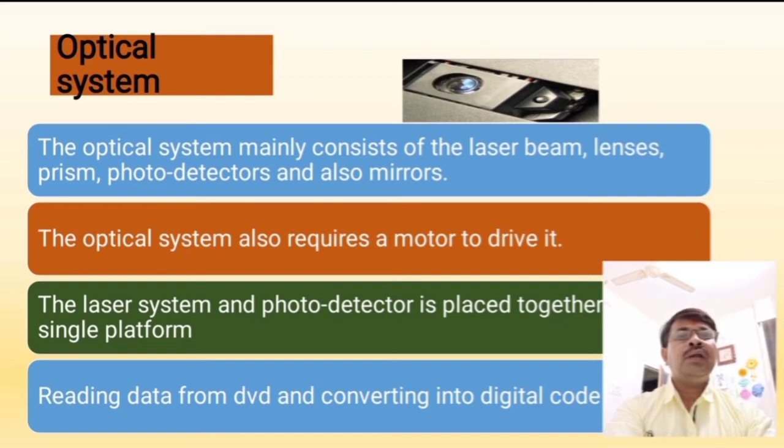The optical system also requires a motor to drive it. The laser system and photo detector element are placed together on a single platform. Its function is reading the data from DVD and converting the light into electrical signals, and further into digital code.